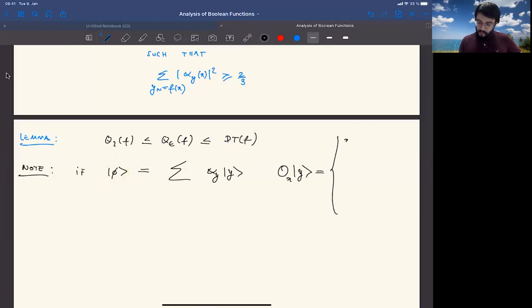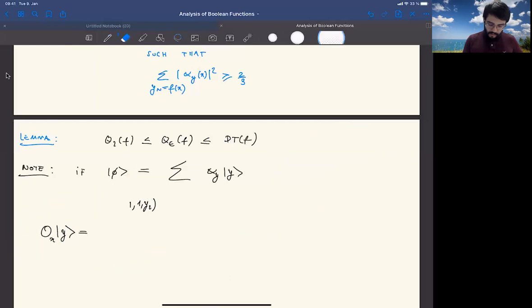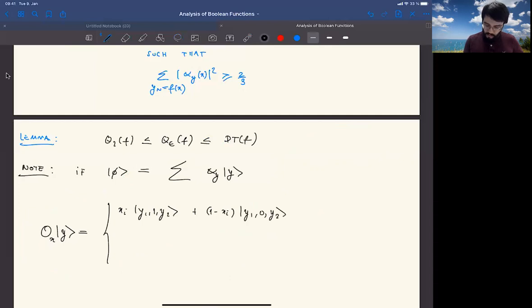Well, it will be just, let's say, xi, y1, 1, y2, plus 1 minus xi, y1, 0, y2. And this will happen if y can be split into y1, 0, and y2.